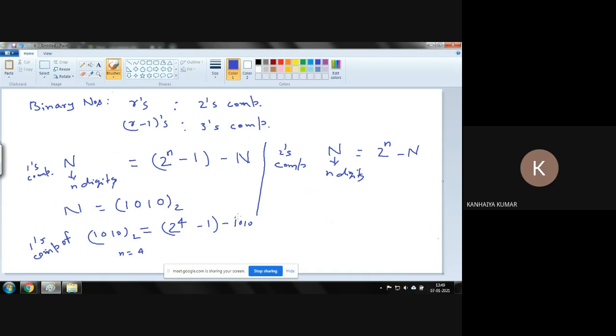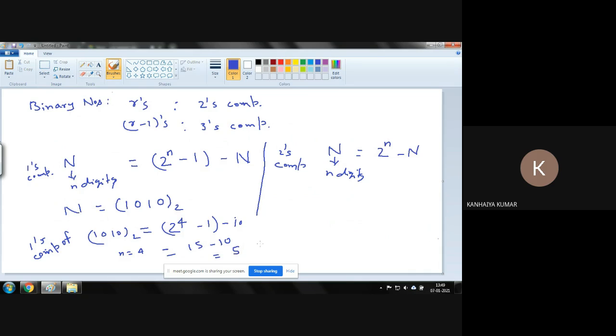But let me tell you, 1010 in binary is equivalent to 10 in the decimal number system. This operation has been done using the decimal number system, so you should change your number system from binary to decimal. So 2 to the power 4 is 16, minus 1 is 15, minus 10 is equal to 5.